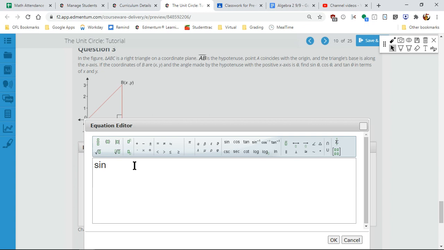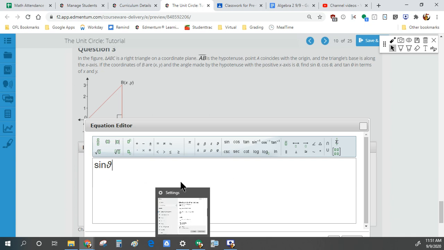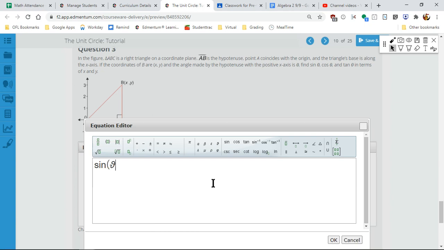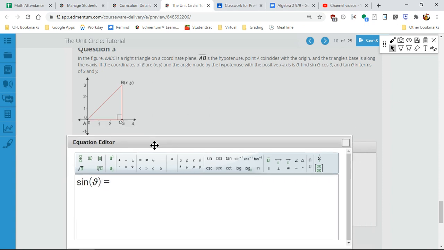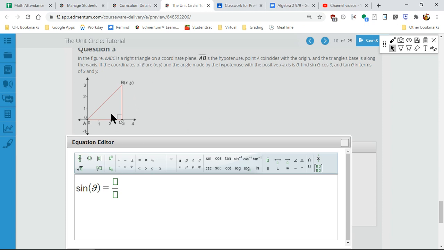Think of it this way. We're talking about sine of something we don't know. When we don't know something, we give it a variable. When we're talking about degrees, we call it theta. So sine of theta is equal to, you know this, our opposite. What's our opposite of our angle?